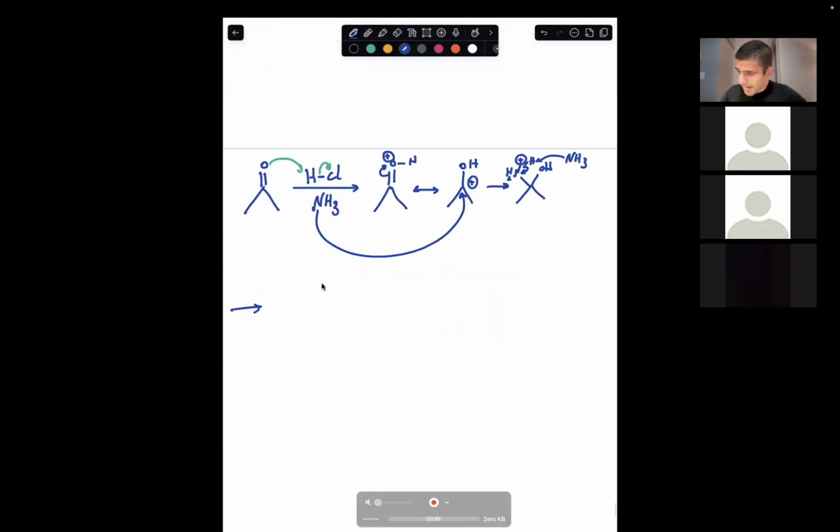We don't have a thing called hemi-imine, but if there was, it would be this. But then we're like, okay, so this guy has to leave. How do we make it leave? Obviously through protonation.